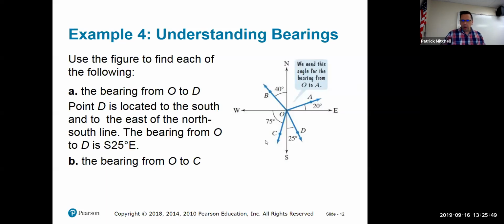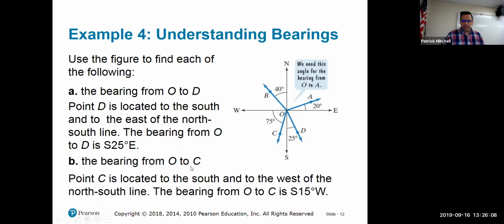Hopefully you noticed that this 75-degree angle is not measured from the y-axis, so you have to fix that one. This would be south, and then 15 degrees, because you do 90 minus 75, and then west. So south 15 degrees west. All right, and that's all I have.